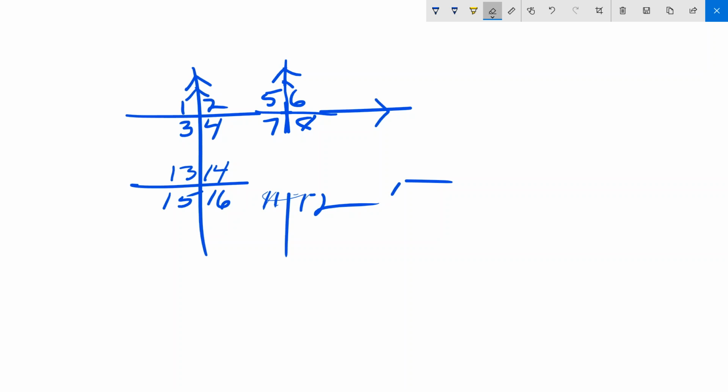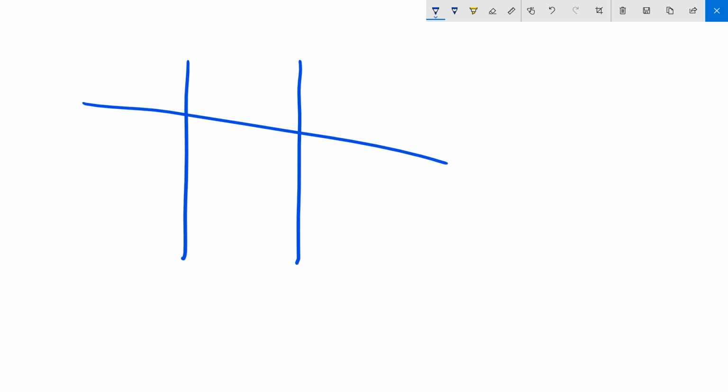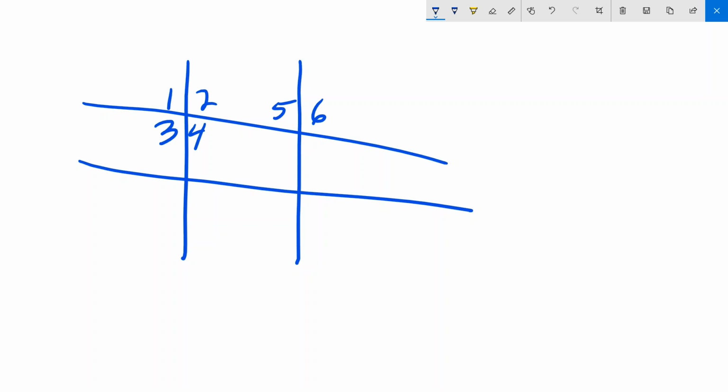I'm going to redraw this picture to give some angular dimension to it, like that. Yeah, okay, perfect. 1, 2, 3, 4, 5, 6, 7, 8, 9, 10, 11, 12, 13, 14, 15, 16.